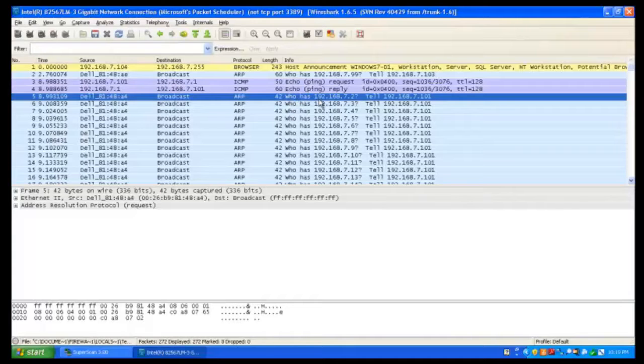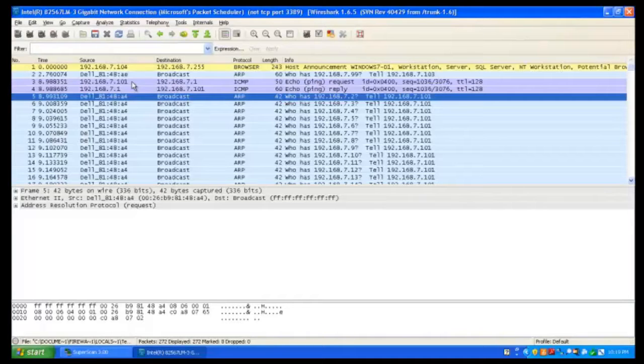This packet is asking who has, or who's currently using, the IP address 192.168.7.2, and for whoever is using this, whatever machine is using this, to tell 192.168.7.101, which again is the computer that's actually doing the ping sweep. We need a reply to this packet so we can get the MAC address that we're going to actually use to address the echo request packet.